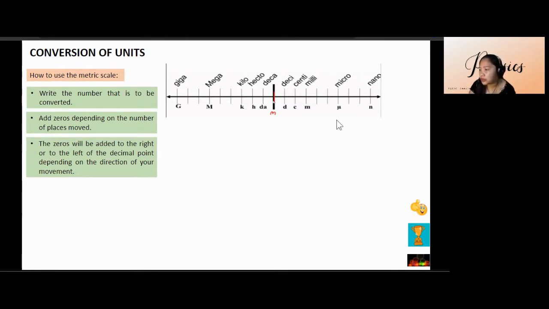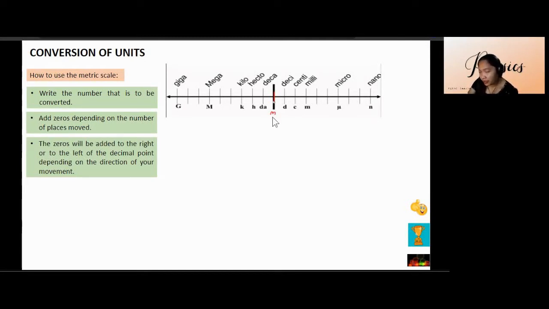These are the common prefixes that we often encounter in physics. So how are we going to use this? If you notice in the middle, this is the place for the base unit. In this example, we have m here for meter, the unit for length.